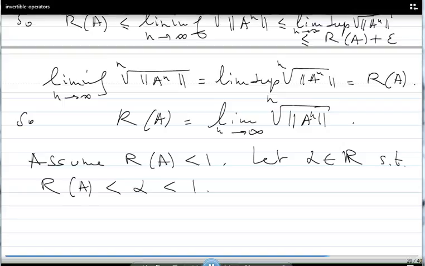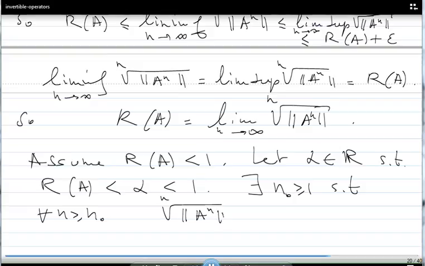So there exists n0 such that for every n greater than n0, we have the nth root of the norm of a to the power n is less than alpha here. Or the norm of a to the power n is less than alpha to the power n.